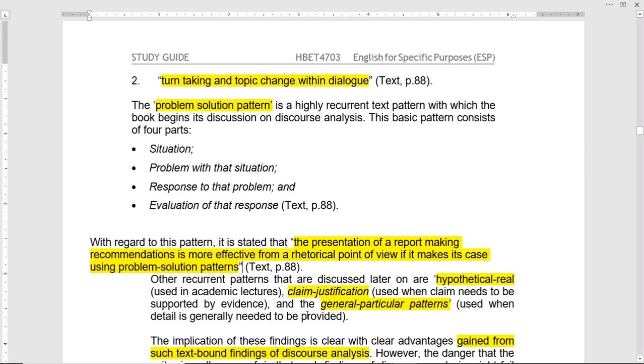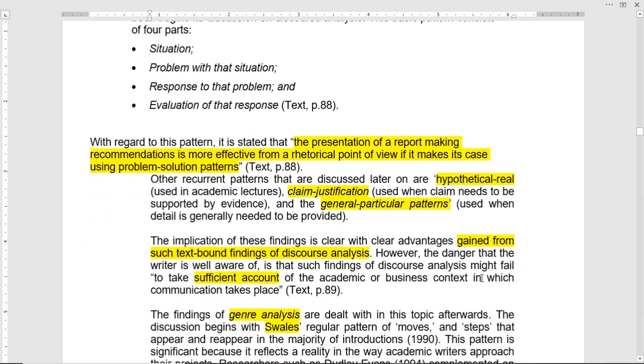Other recurrent patterns that are discussed later on are hypothetical to real, claim to justification, and general to particular patterns. From general to particular, from claim to justification, the patterns of writing. That's the discourse, the genre. Or the hypothetical to the real. You hypothesize, theorize, and you come to the real.